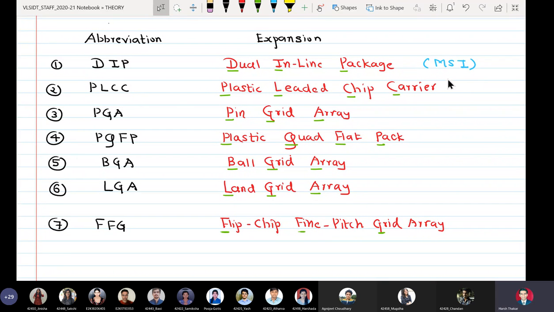MSI chips, medium scale integration, used for CPLDs, up to 100 pins.